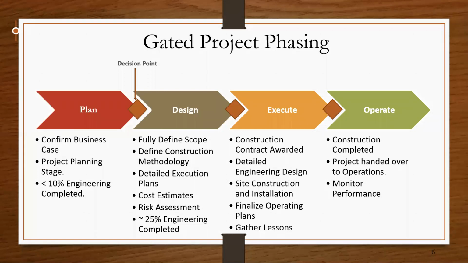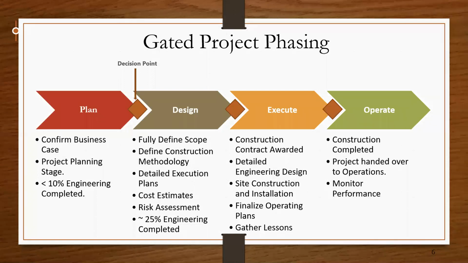And like every learning organization, you begin to gather lessons learned so that you can apply that in the development of future processes. At the end of the execute stage, that is where you hand over your project to operations. Construction is complete, you hand over to operations and begin to monitor performance of the plant.